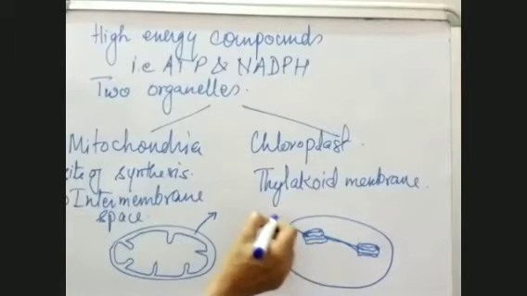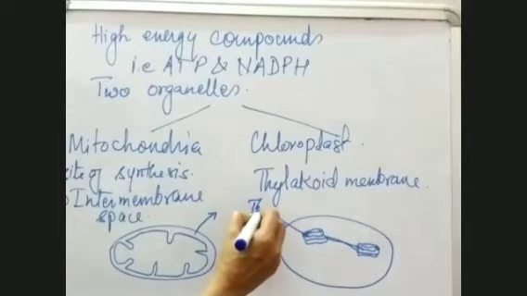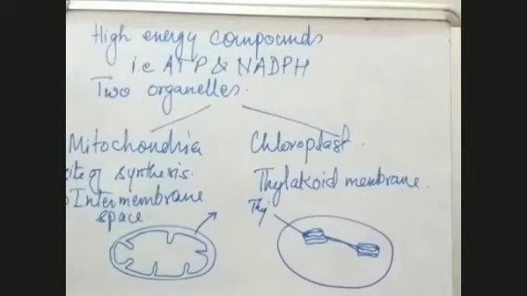And this is the thylakoid. This is the thylakoid where the process of synthesis of high energy compounds takes place. So in both organelles, the high energy compounds ATP and NADPH are synthesized, and this is the location where these are synthesized.